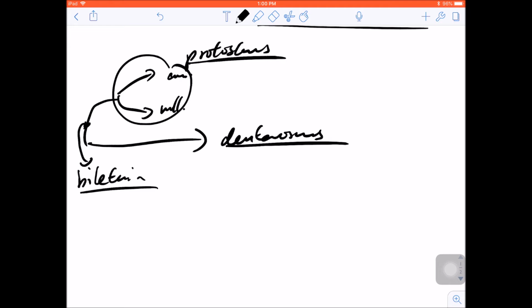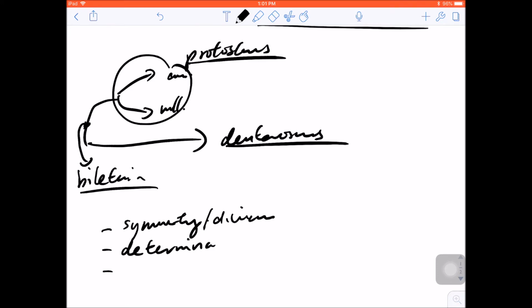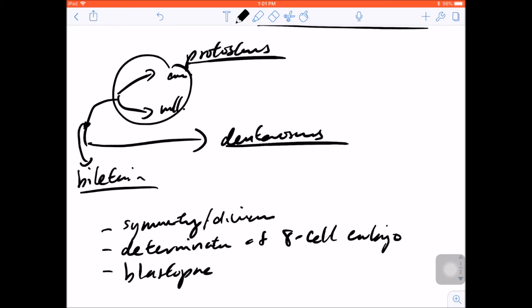strategies. So in the protostomes, there's three things you need to know: how they differ in terms of symmetry of division, the determination of the 8-cell embryo, and blastopore fate.